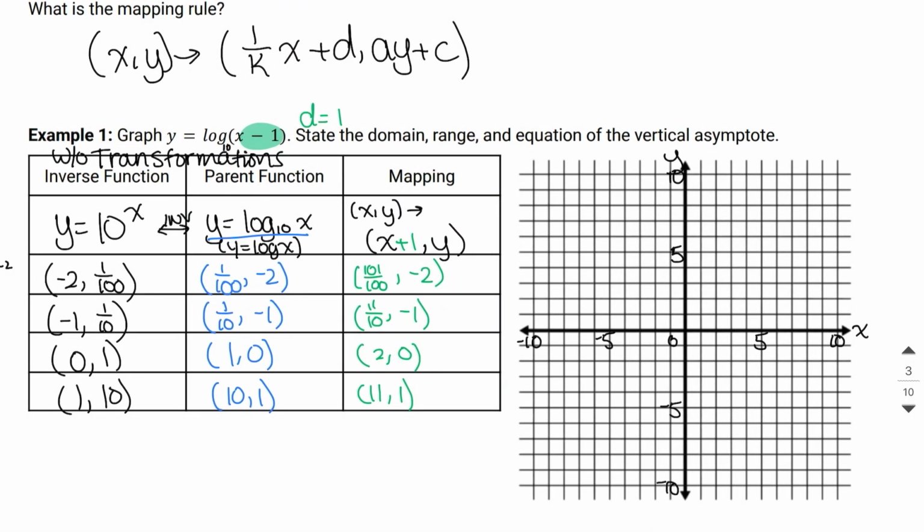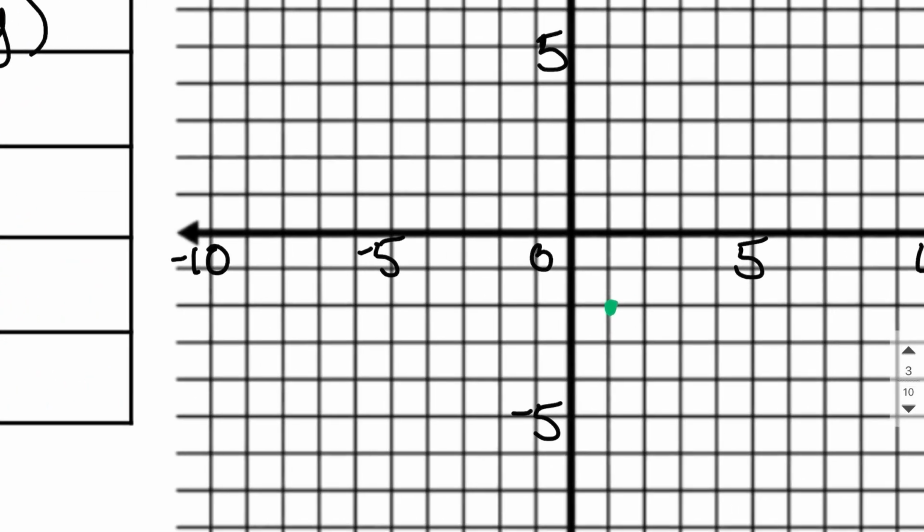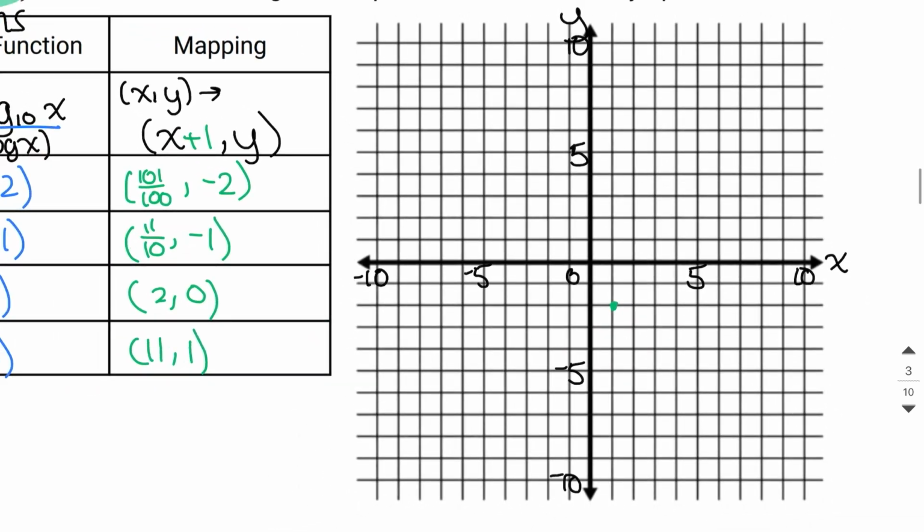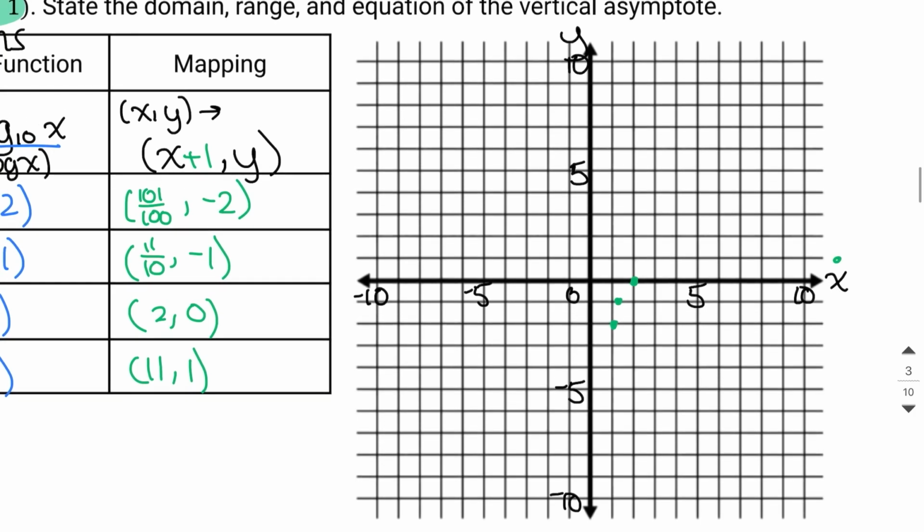Let's go ahead and plot these points. 101/100 is pretty much 1 and a tiny bit, so it's going to look like that, and then I'm at -2. I'm just a tiny bit to the right of 1. Then 11/10 is also a tiny bit to the right of 1, and then -1. Then we've got 2, 0. And then we've got 11, 1, which is over here. So this is what our function is going to look like.